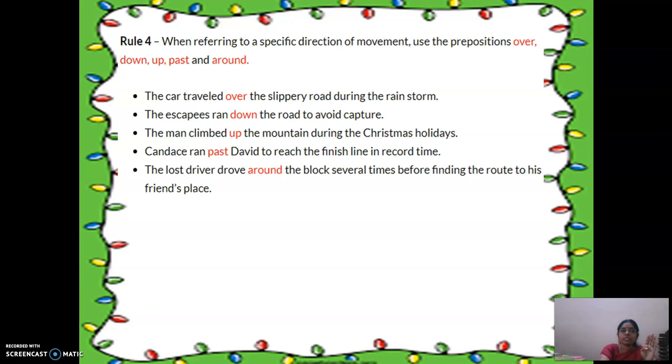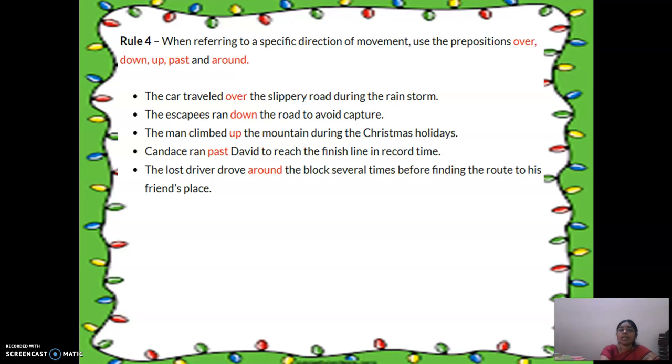Rule number 4 is when we are referring to a specific direction of movement, we use the prepositions over, down, up, past and around. The car traveled over the slippery road during the rainstorm. The escapees ran down the road to avoid capture.